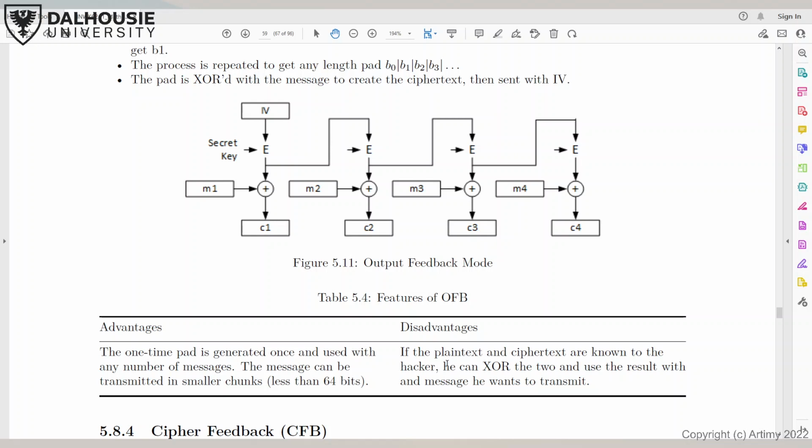Disadvantage, however, is if somebody gets their hand on the plain text and the ciphertext, the two can be XORed, and we get the one-time pad. That's the problem, right?